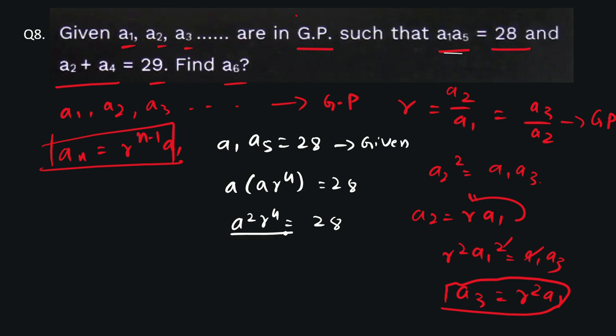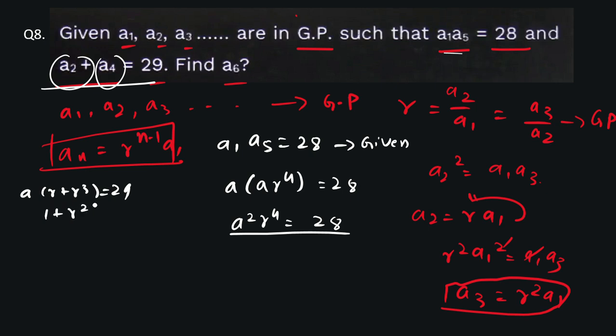Now we'll leave the equation here and solve another equation, which is A into R plus R cube is equal to 29. A2 is A into R and A4 is A into R cube. Now we'll solve this equation. From here we need to find R value.